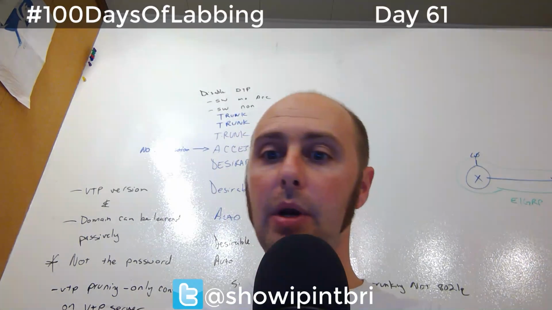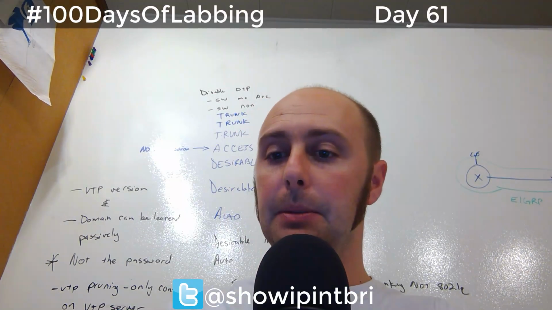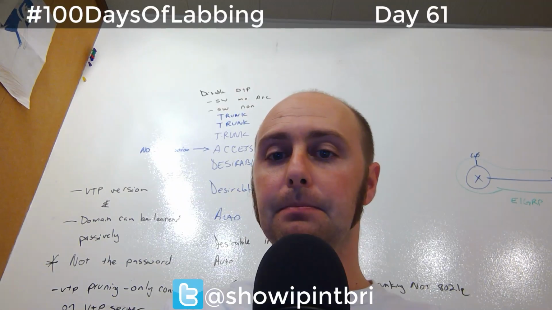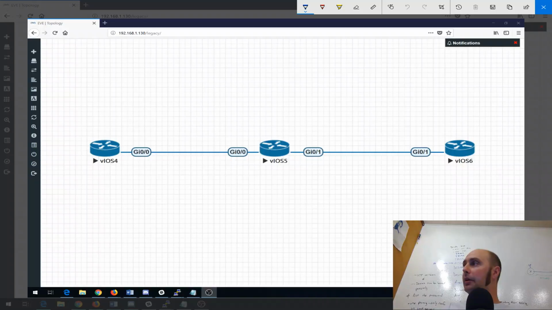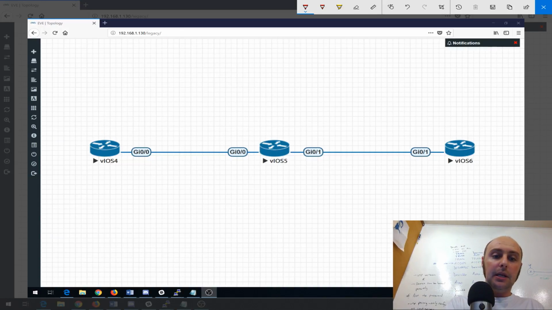Let's open up a whiteboard and talk about the topology. Okay, so here is my topology. Although these routers are called VIOS 4, 5, and 6, this is router 1 here, router 2, and router 3.